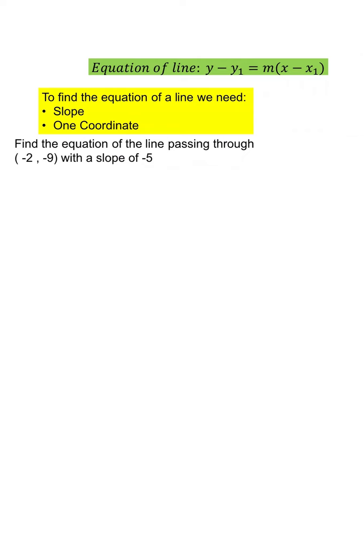So here we have to find the equation of a line passing through the point (minus 2, minus 9) with a slope of minus 5. So again, label x1, y1. We have m then equals minus 5. So we'll have y minus y1 equals m(x minus x1).